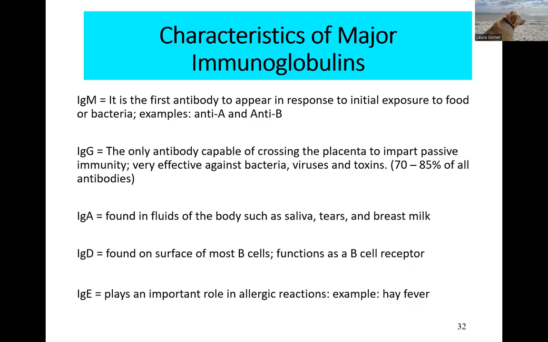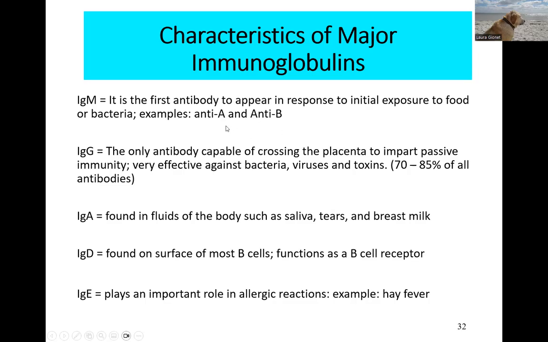IgM is the first antibody to appear in response to an initial exposure to food or bacteria. So when it comes to some of these immune responses, IgMs are going to elevate first, to bacteria and to different exposures to foods that you could be allergic to.